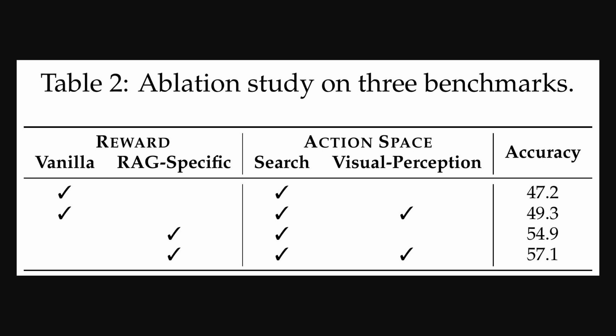And if we take away the visual perception action space, that ability to zoom in, accuracy also drops, down to about 55%. This breakdown clearly shows that both the tailored reward function and the visual perception capability are essential, working together to achieve those top-tier results.